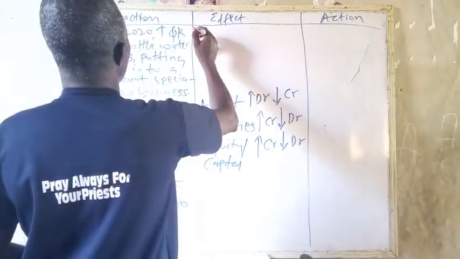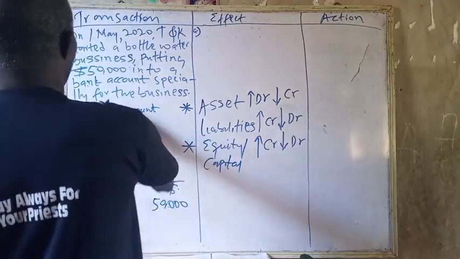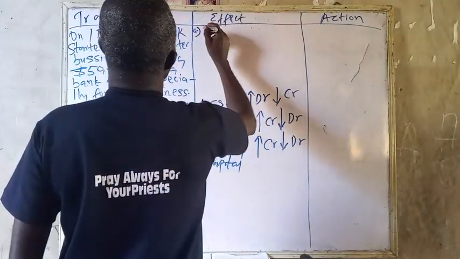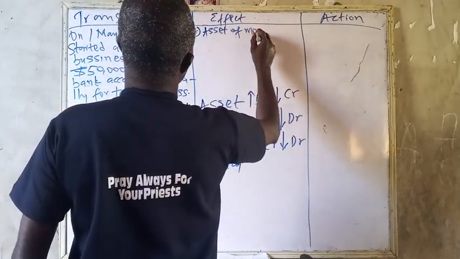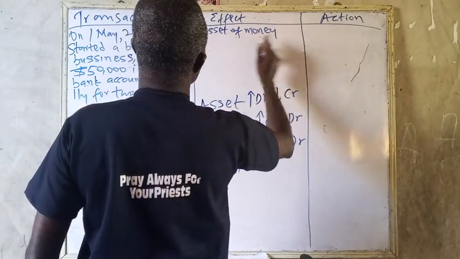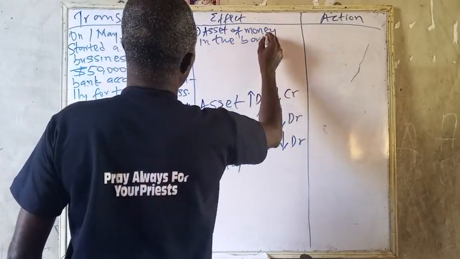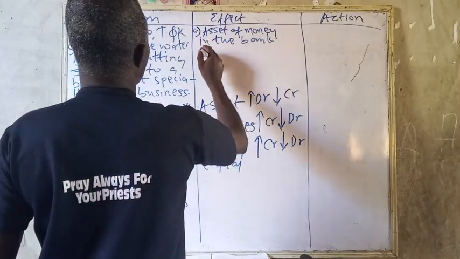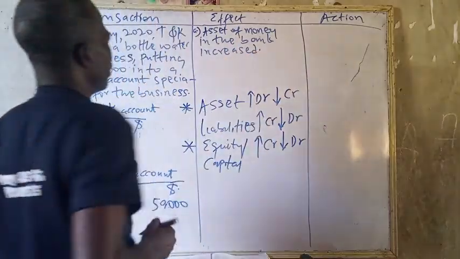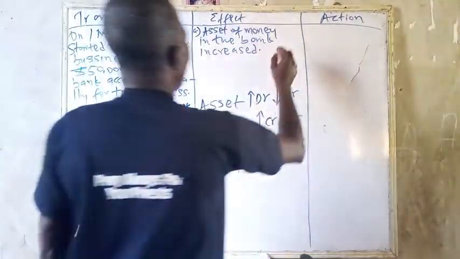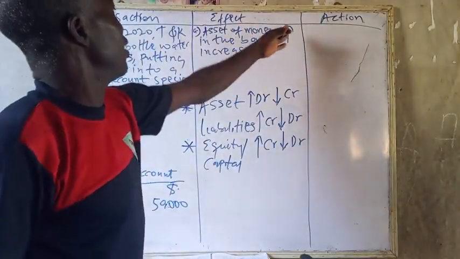The effect now is that, for simplicity's sake, I'll be putting A and B. The first thing here, A: the asset, money in the bank, increased, and I will be showing the arrow to show that it increased.